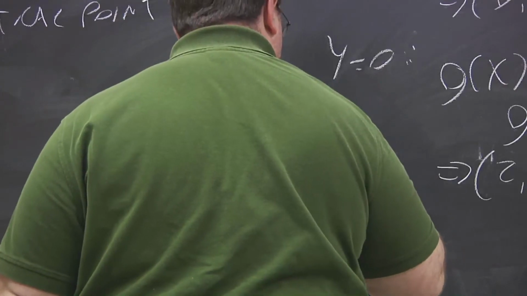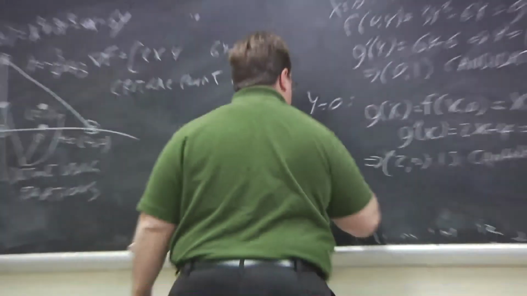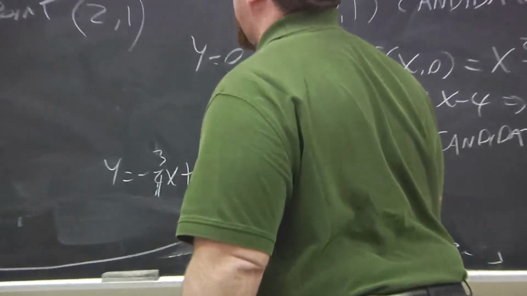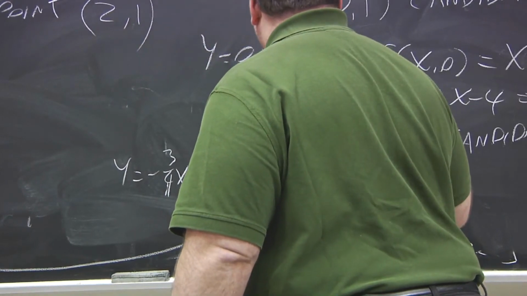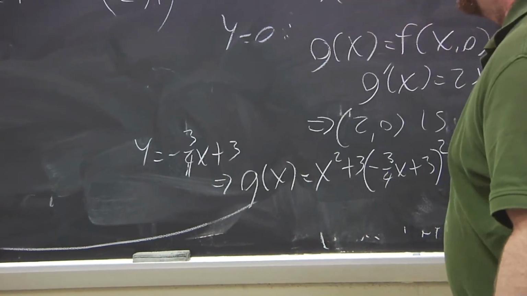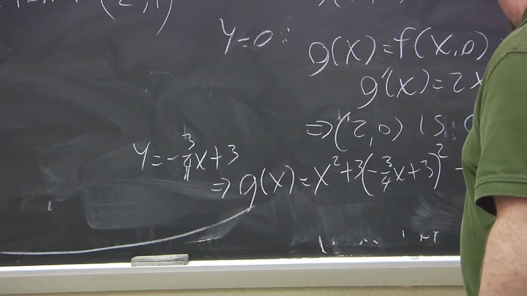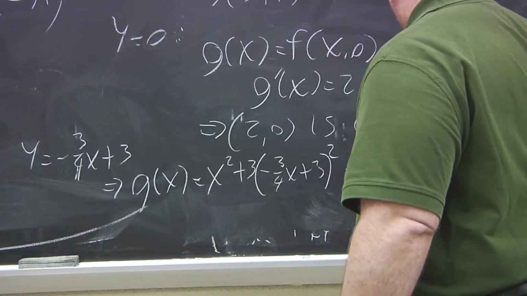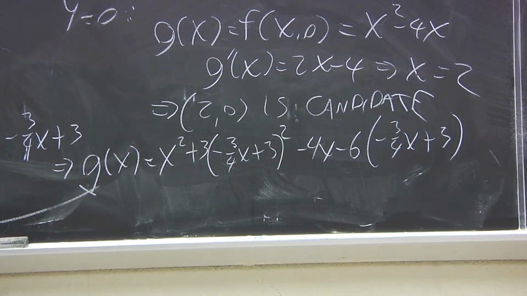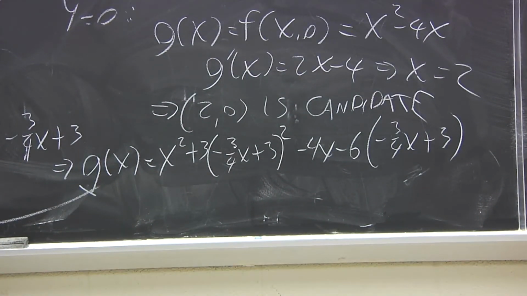So now we have a function g(x) that's a little more complicated than before. We have x squared plus 3, and then we have this plugged in for y, squared minus 4x minus 6 times minus 3/4 x plus 3. So now you have a function of x, you need to work with that mess and see if it has any critical numbers. I won't step through the entire differentiation now.